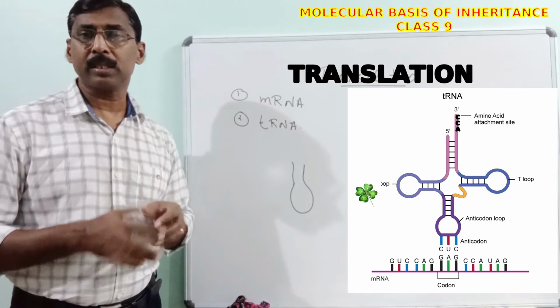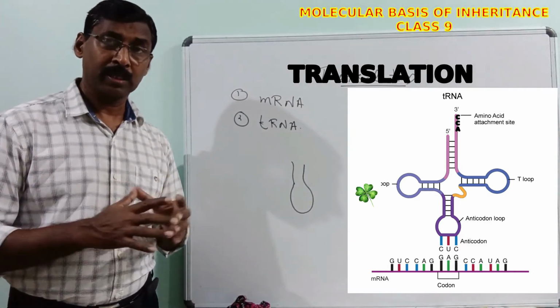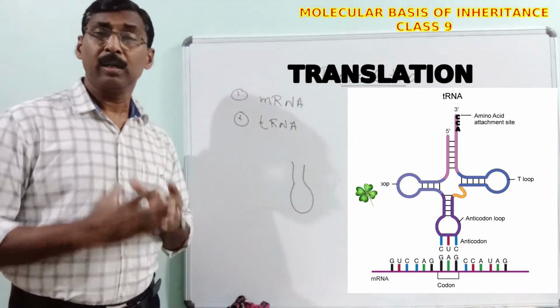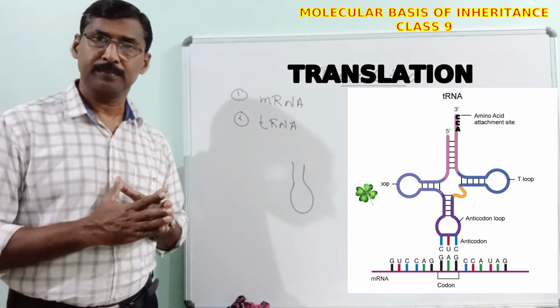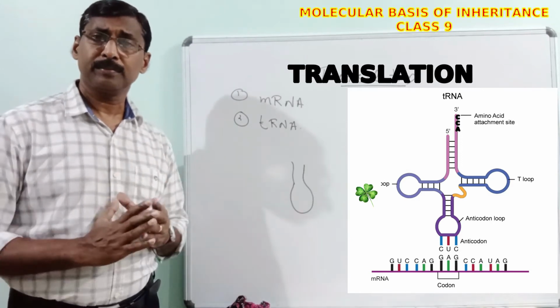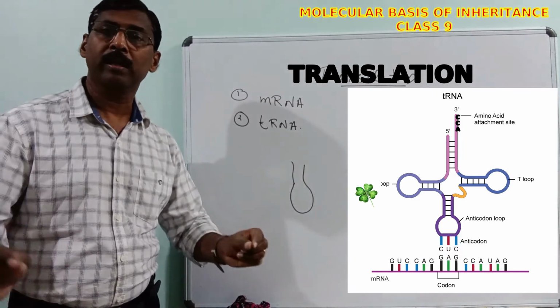So that means there are 61 codons. Out of those 64 codons, 61 codons represent some amino acid. So there should be 61 transfer RNAs. So for every codon, every genetic code, there is a transfer RNA.